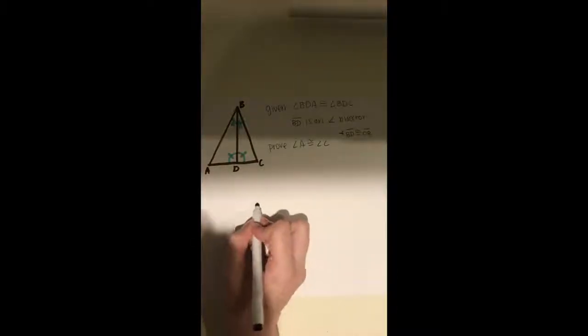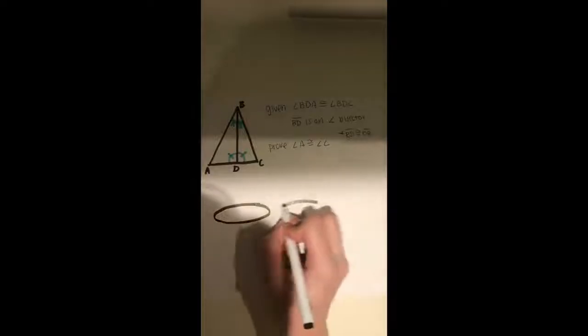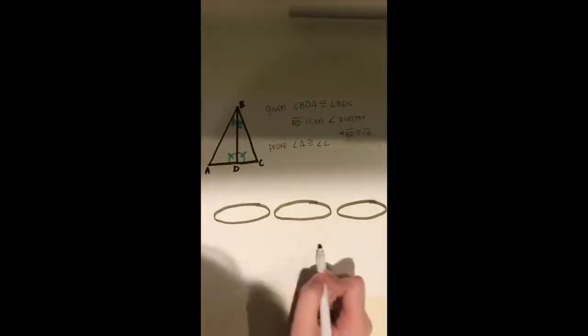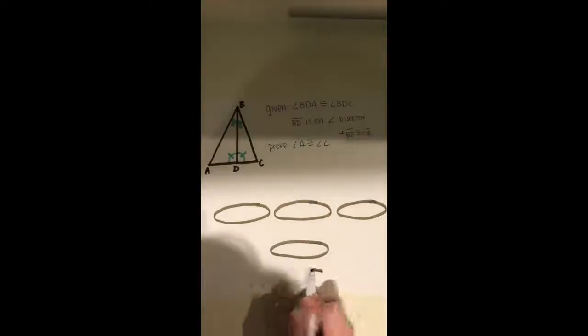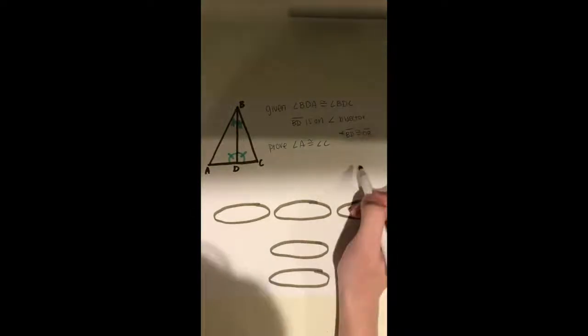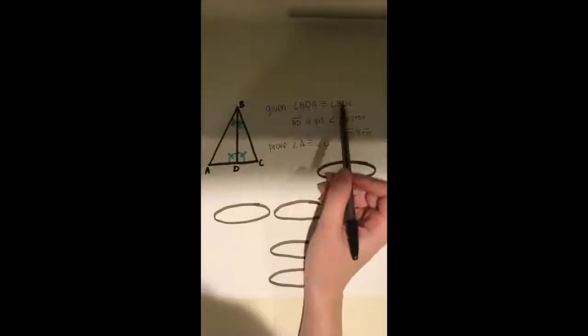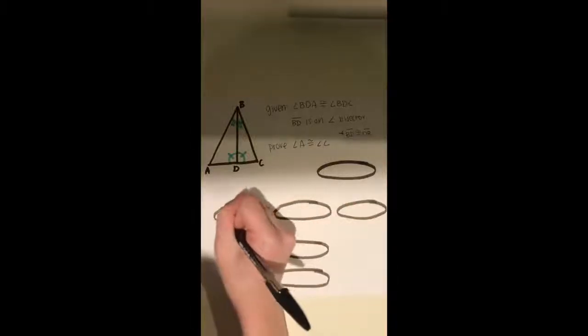So now we can start making our flowchart. We have our three big bubbles, and we have what we need to prove and the final thing we need to prove. And we're going to have one more bubble up here, and you'll see what that's for in a second. It's explicitly given to us that these two angles are congruent, so let's write that in first.